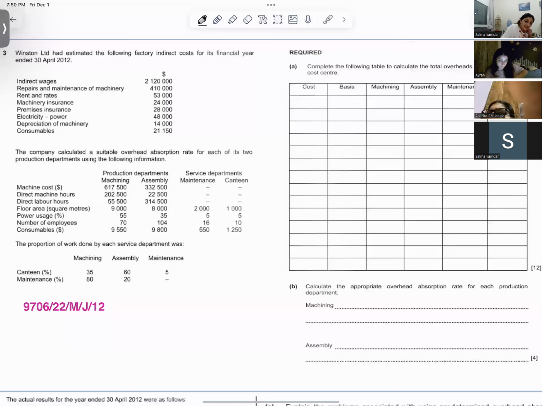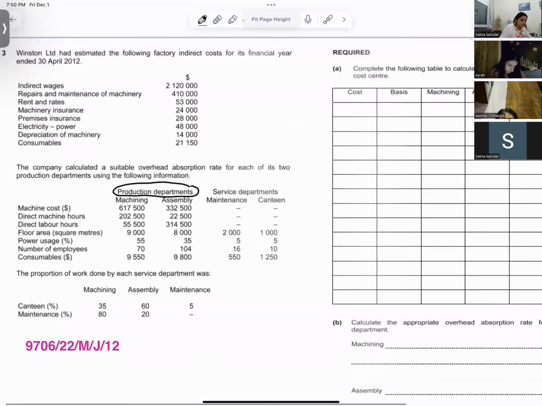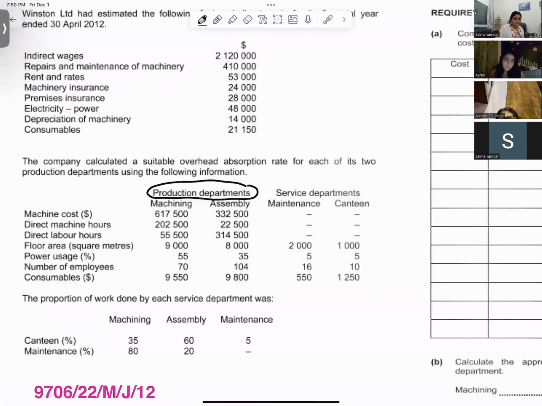This is for calculating the total overheads for each production cost center. Now, if you can see, how many production departments do you have? Read properly. Two.